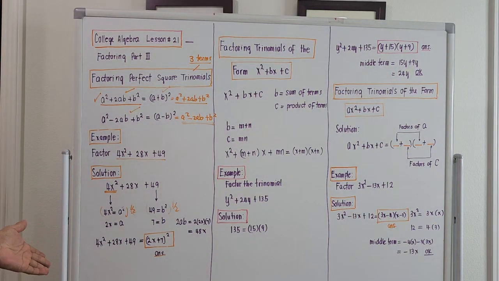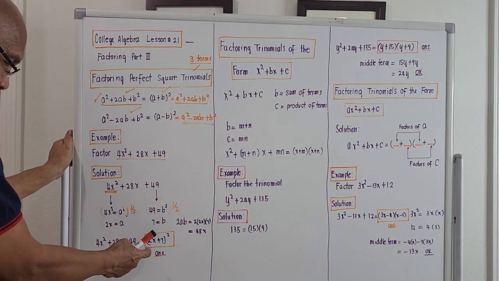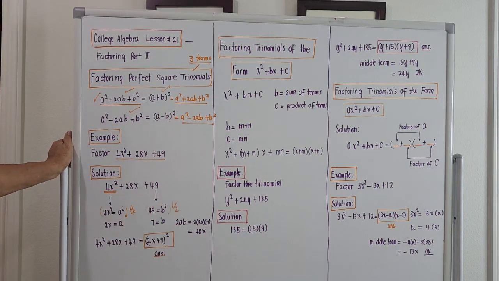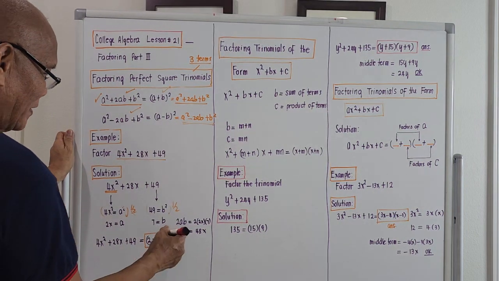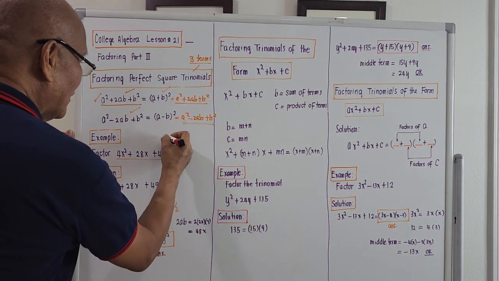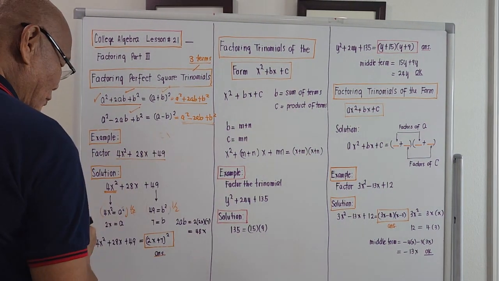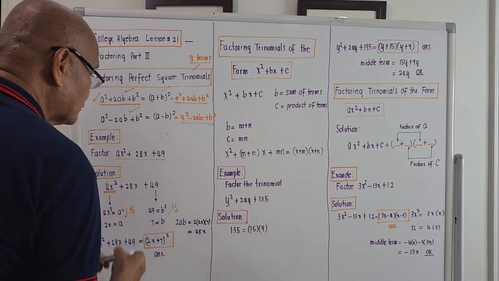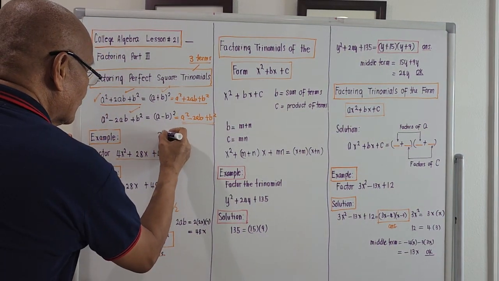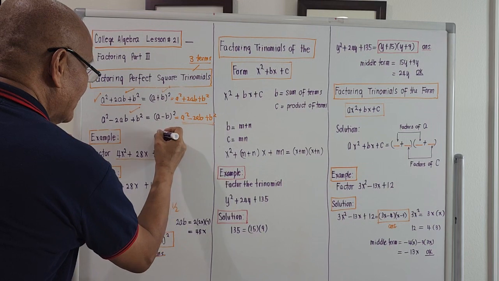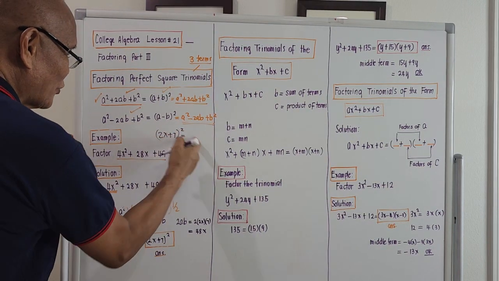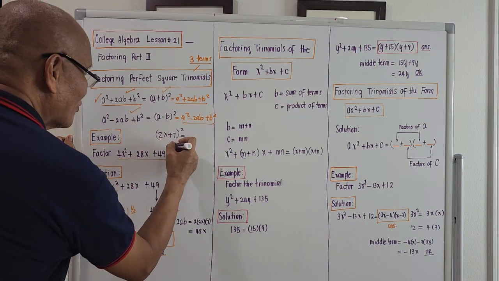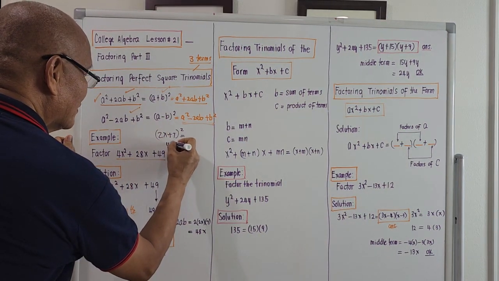Actually, we could check the validity of the resulting factor. If you try to check the middle term, 2x plus 7 quantity squared, right? If we try to square this one, the square of the first one will be 4x squared.